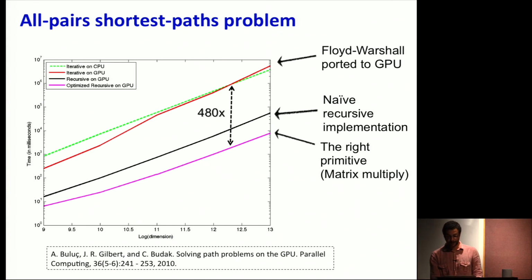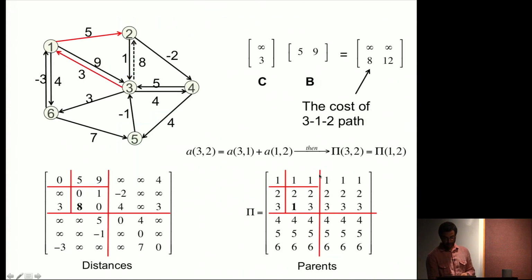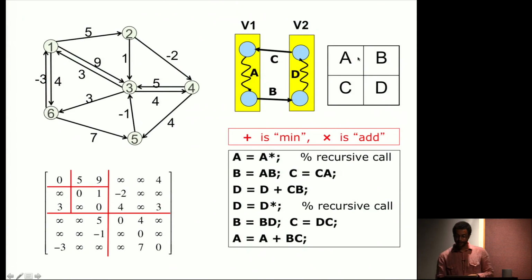And we leveraged this idea of recursion and developed this communication-avoiding version in distributed memory. There's one challenge in implementing this algorithm in distributed memory, and it's the recursion, because here we are recursing on a subset of the matrix. But the data distribution is such that you have to make a decision whether you will have all the processors working on that subset, or just some of the processors working on that subset and let everyone else do something else.